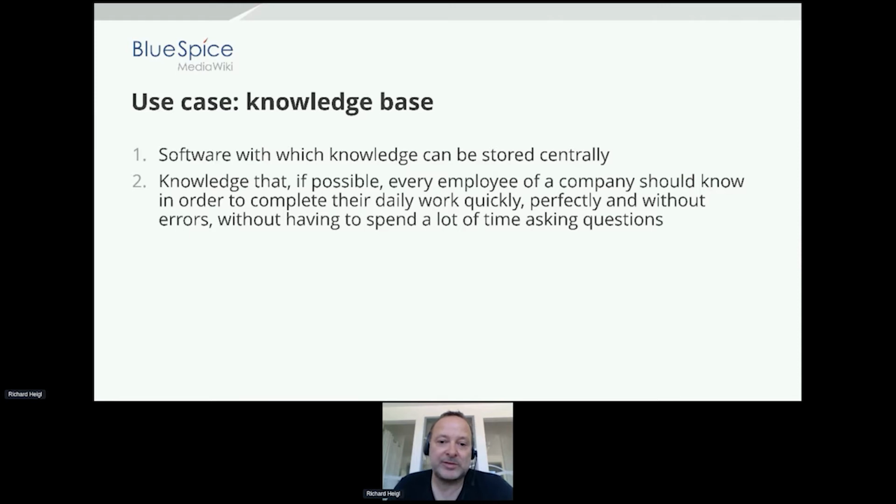And I would stress the sentence: knowledge that, if possible, every employee of a company should know in order to complete the daily work. Everybody, because that already says, don't have too strict access rights. In another use case that could be different.